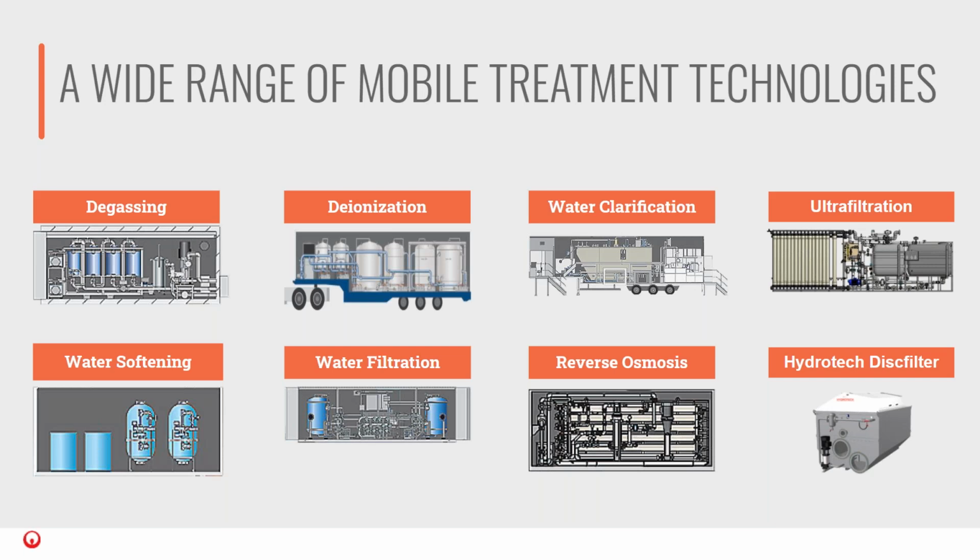Other technologies can be available, such as dissolved air flotation and moving bed bioreactors. All of our mobile systems are designed as complete turnkey units, including all the required supplemental components for rapid startup and independent operation.